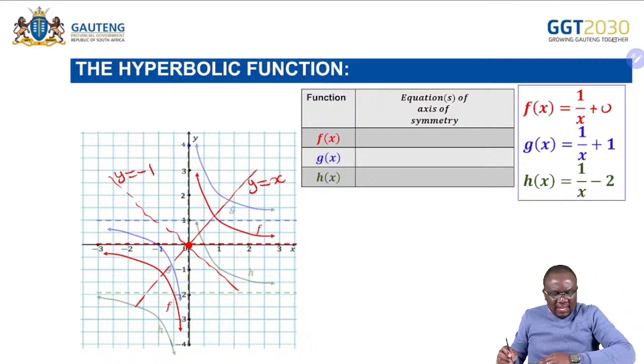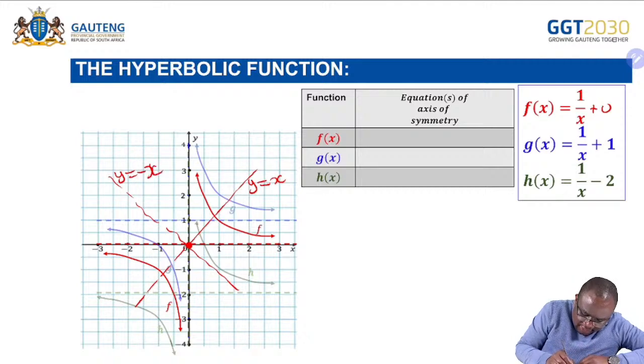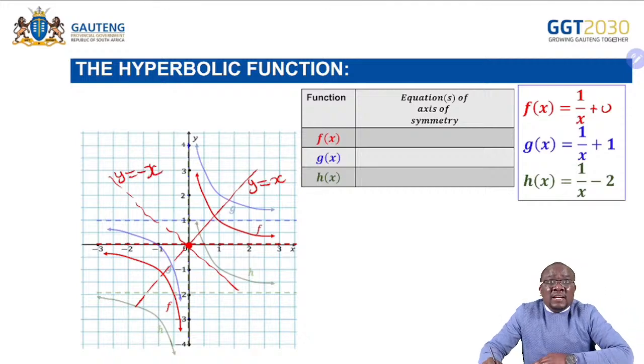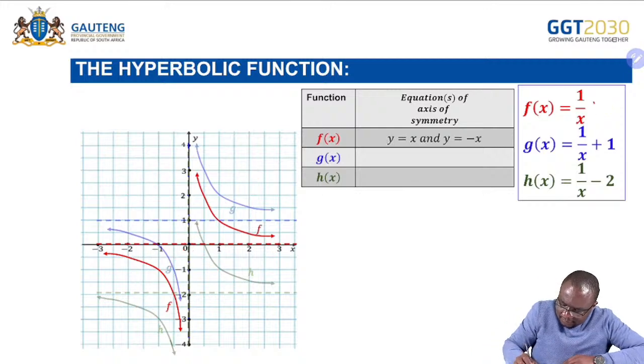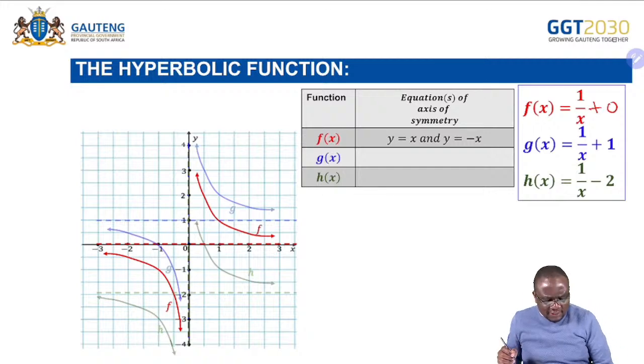So for f of x, the equations are y, what did I write here? Yes, negative x. So it's going to be y is equal to negative x and y is equal to x. That is for f of x. Okay, let me write it. Plus 0. Remember that. Now, let's talk about g of x.